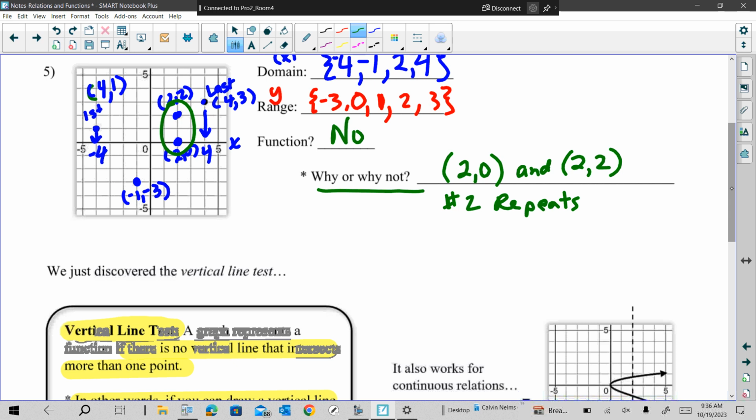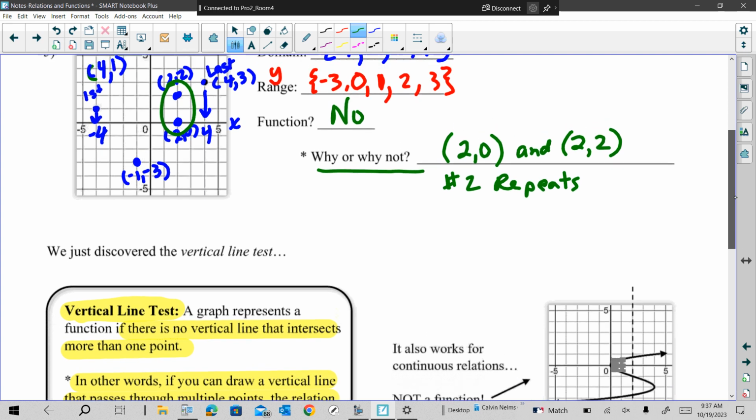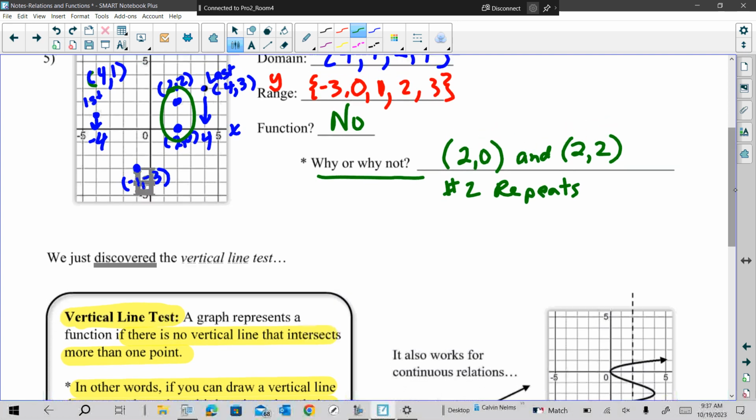The last thing we're going to do: whenever the graph is continuous, when I don't pick up my pencil, it's one smooth curve or straight line, we can do a vertical line test to prove it's a function. So highlight this key information, vertical line test.